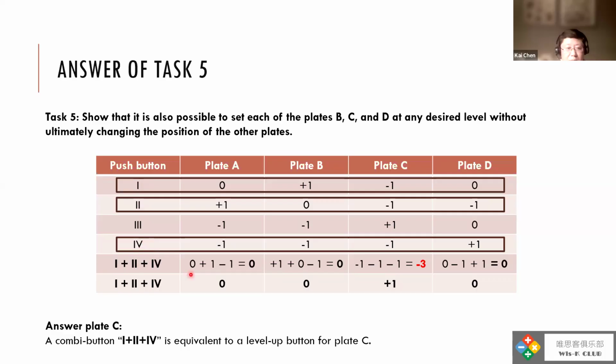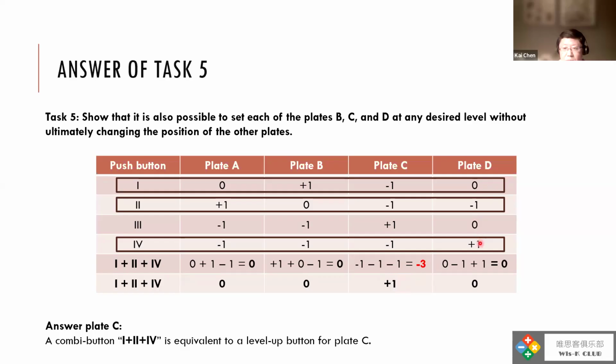We do the same, we add them up: 0 plus 1 minus 1 gives you 0 for A, plus 1, 0, minus 1 gives you 0 for plate B, minus 1, minus 1, minus 1 gives you -3, but it's level up for plate C.